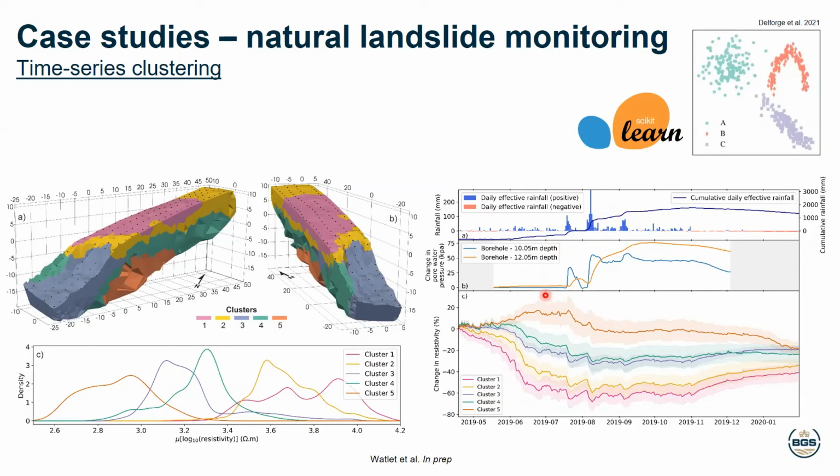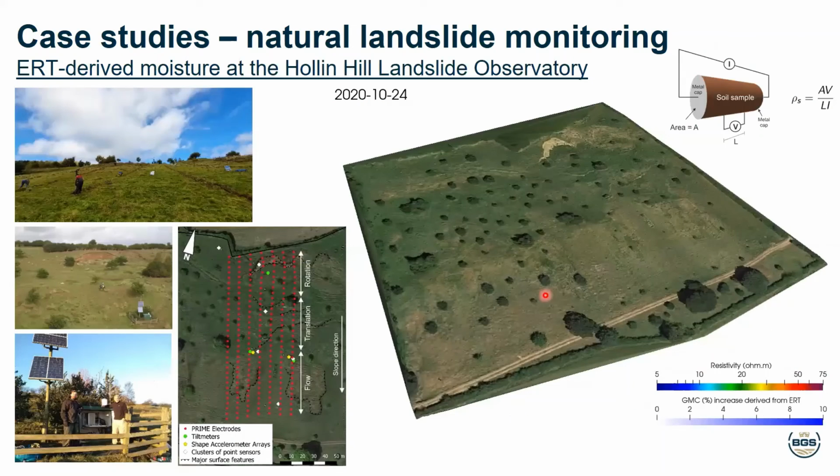Now, I mentioned at the beginning of this talk that we're also able to translate these changes in resistivity in terms of moisture content. So this is a last example, a very quick one, from an observatory in the UK, where, because the geology in this case is pretty homogeneous, we've been able to calibrate some relationships between resistivity and moisture content with measurements on soil samples, which helps us to directly visualize the changes in resistivity in terms of gravimetric moisture content.